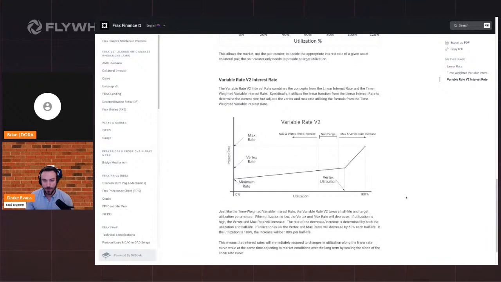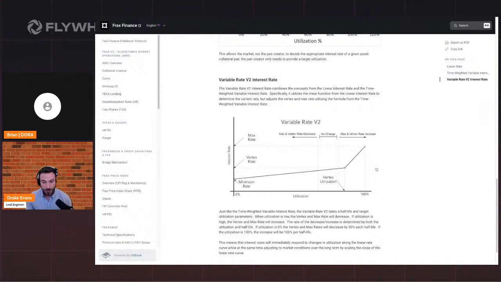So what does that mean in practice? Well, we define a target utilization, and for most FraxLend pairs, that's 80%. When the utilization is above this target range, this entire curve slowly shifts upward. The idea is that as interest rates rise, borrowers will be incentivized to repay their loans, bringing down the utilization rate.